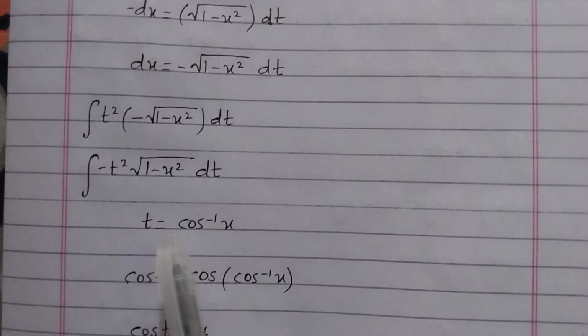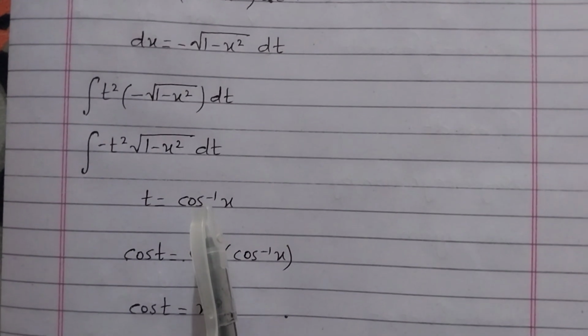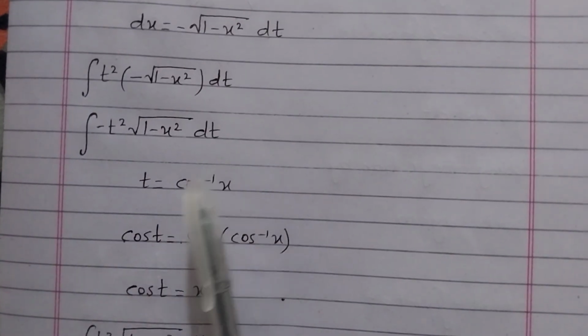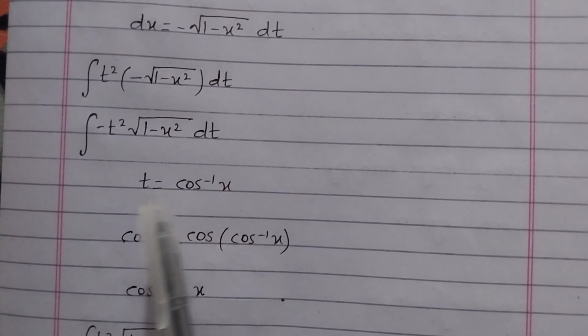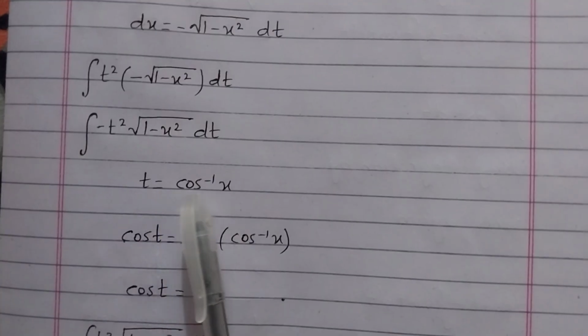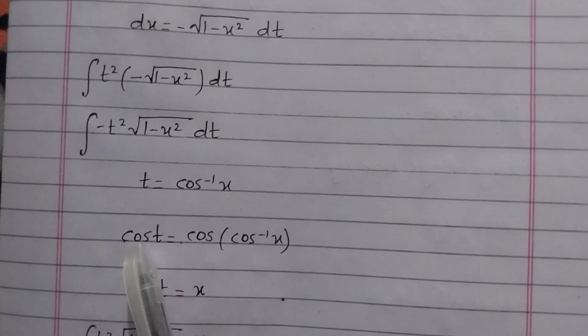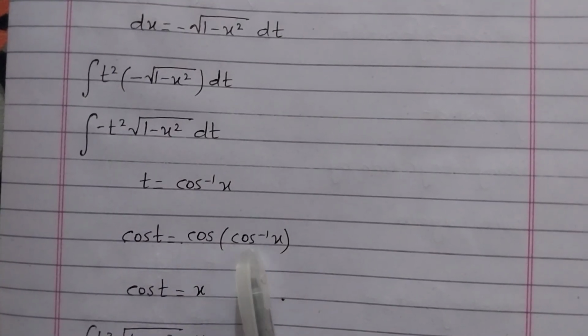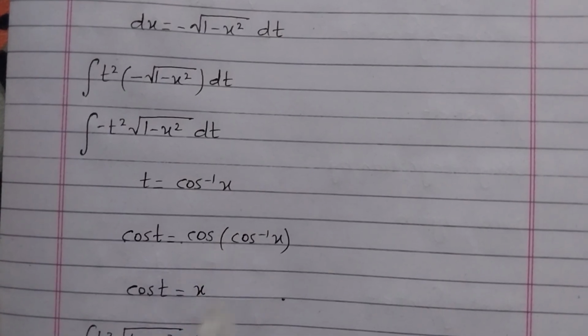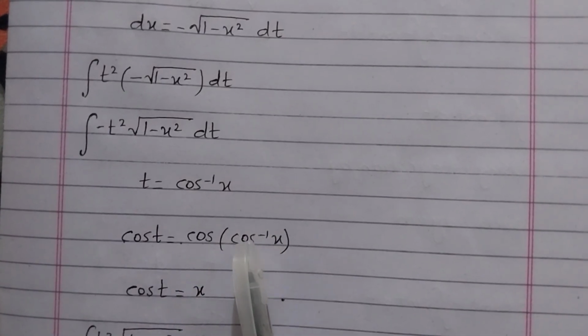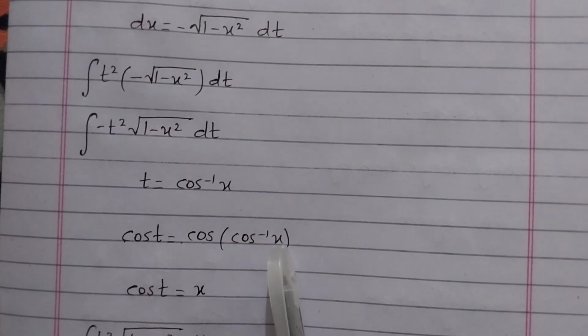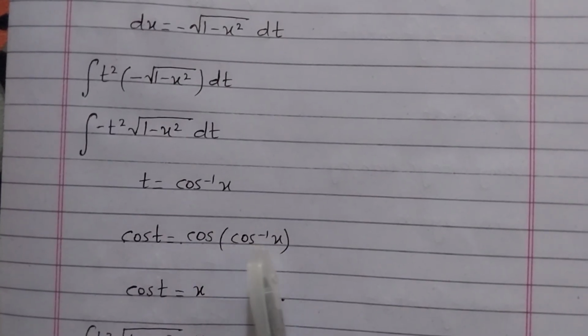So we know that t is equal to cos inverse of x, and we are interested in the value of x. So we need to remove this cos inverse, and in order for us to remove this cos inverse, we need to take cos of both sides. So cos of t is equal to cos of cos inverse of x, and on the right side we see that firstly we are taking cos inverse of some angle, and then we are taking cos of that answer.